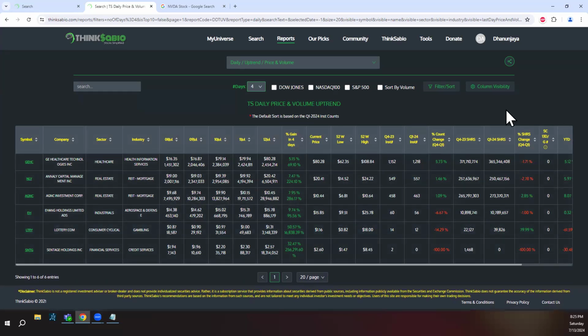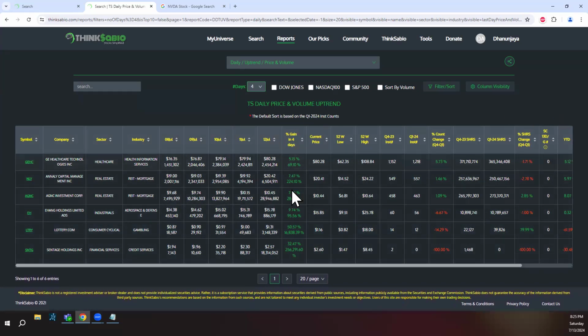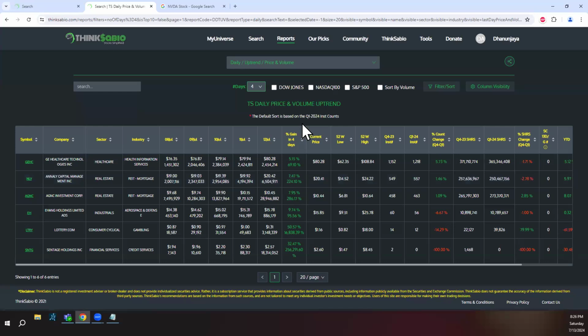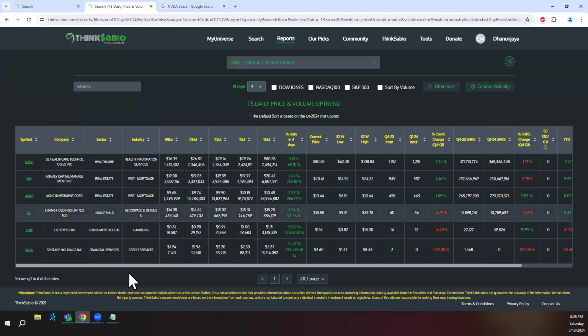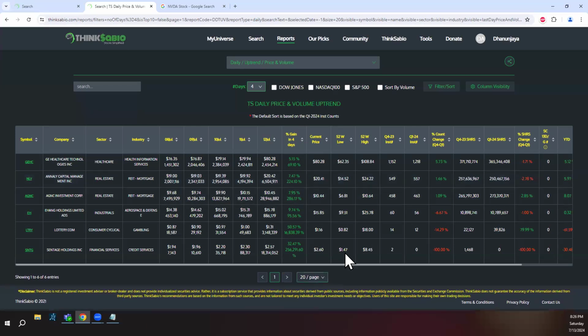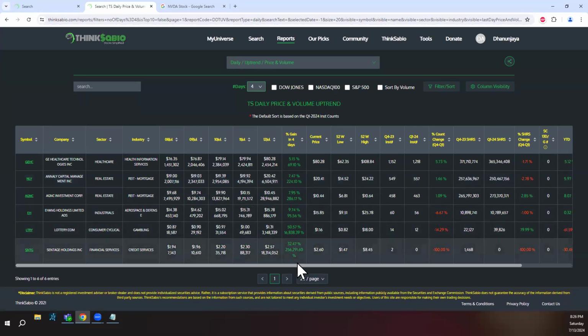So like that, but for you it's available. In technical language, it's simply higher highs. The stock is making higher highs day to day. Simple, right? You're looking at the daily time frame and you're looking at what are the stocks that are making higher highs. So now when I see here, maybe there could be some opportunity.